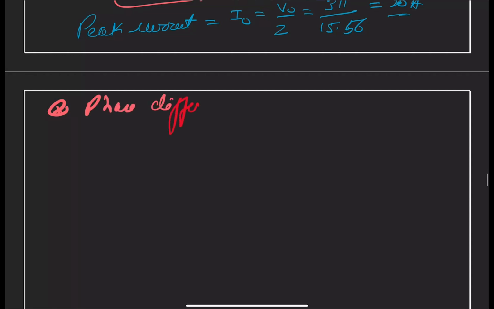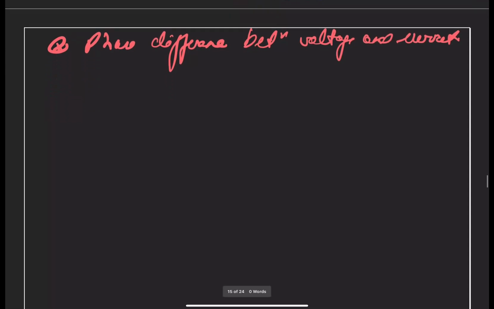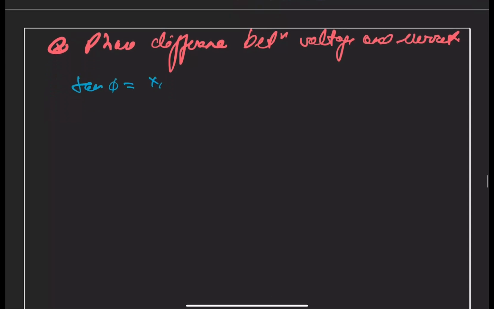Phase difference between voltage and current. If the phase difference is represented as phi, we know the formula that tangent of phi is equal to XL upon R. So this comes 11 upon 11, which is equal to 1. So this gives us that the value of phi is 45 degree.